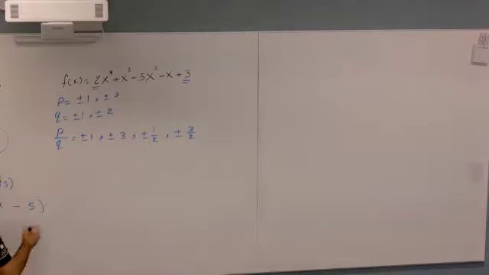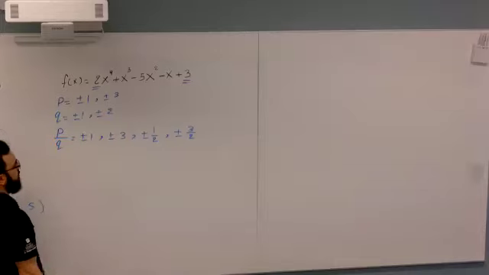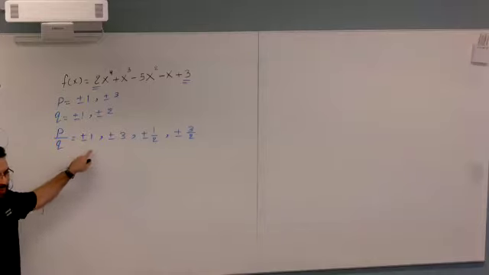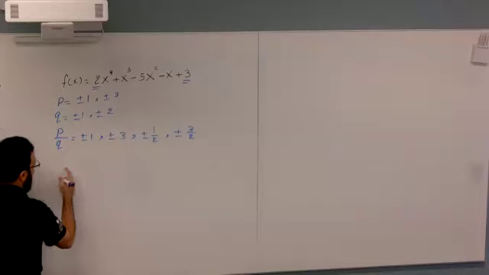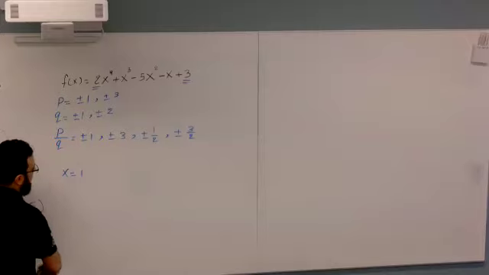I don't know which one you are going to start with. Jump to 3. Start from this one. So x equals 1. We're going to start with 1. Let's start with -1.